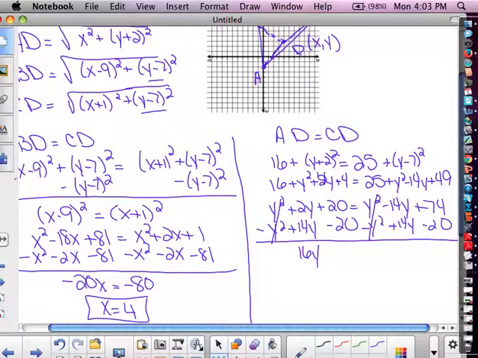This is a 4y back here, so this is a 4y. So this should be 18. And that 18y is equal to 54, so y is equal to 3. So that ordered pair, this point D, is at 4, 3.